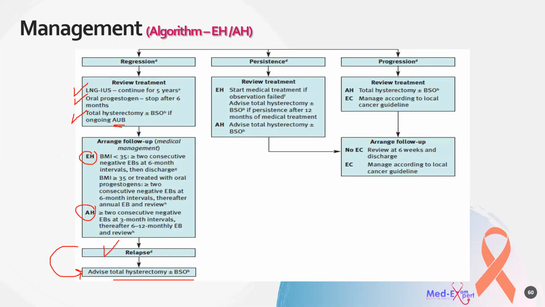Also, if there is progression, you have to strongly recommend total hysterectomy and bilateral salpingo-oophorectomy. And if it progresses to cancer, then of course you have to refer to the Cancer Institute or the oncology multidisciplinary team to take action according to the local cancer guidelines.